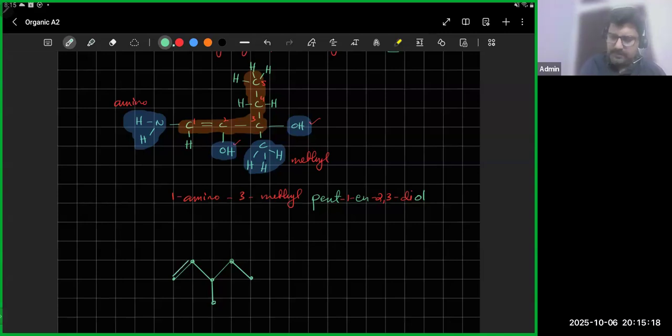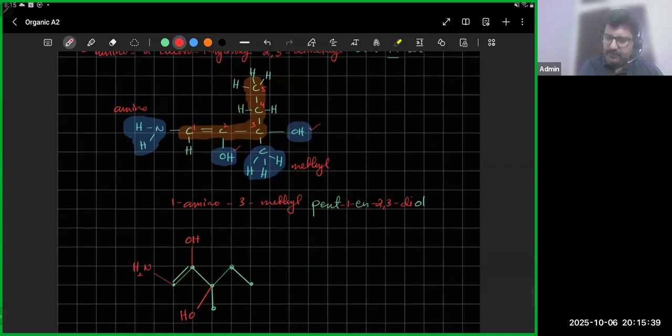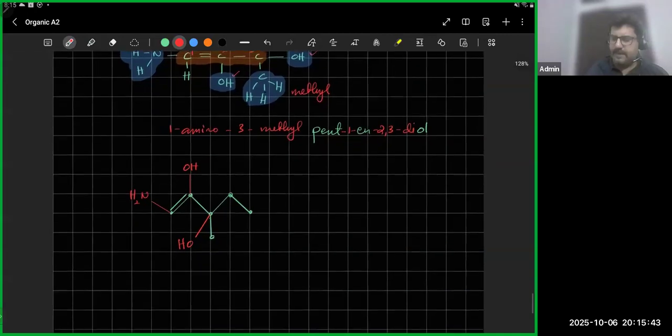So you've got your double bond. On the first one, there is NH2. On the second one, there's an OH. On the third one, there's a methyl, and there's another OH as well. And you don't have anything on the fourth and fifth. So that's the skeletal formula for this.